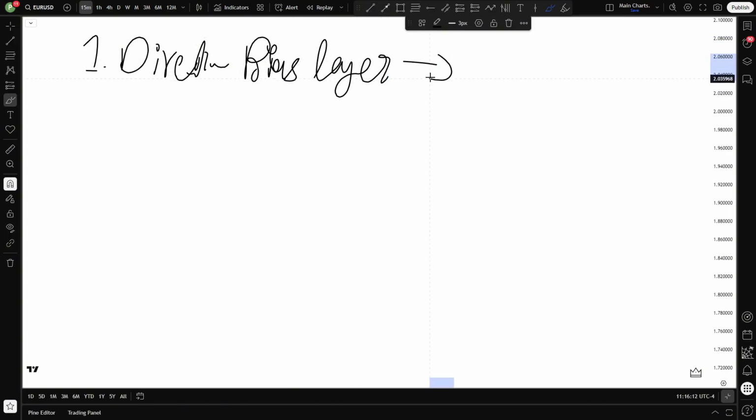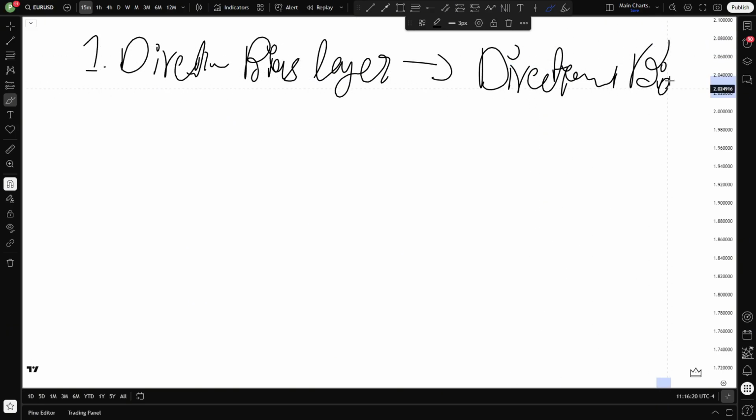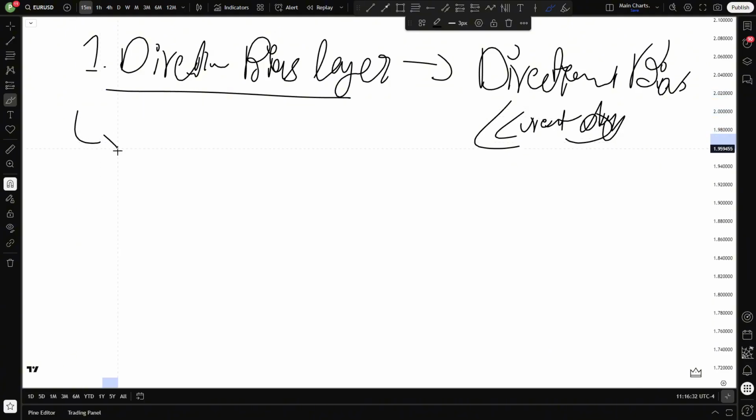Okay, so first of all, we discussed the directional bias layer, and the objective of this layer is to establish or to determine a directional bias. Okay, and this directional bias will be just for the current day. Not tomorrow, not the day after tomorrow, but for the current day. And within this layer, we first of all defined the time frames that would be focused on, and they were the monthly, the weekly, and the daily time frames.